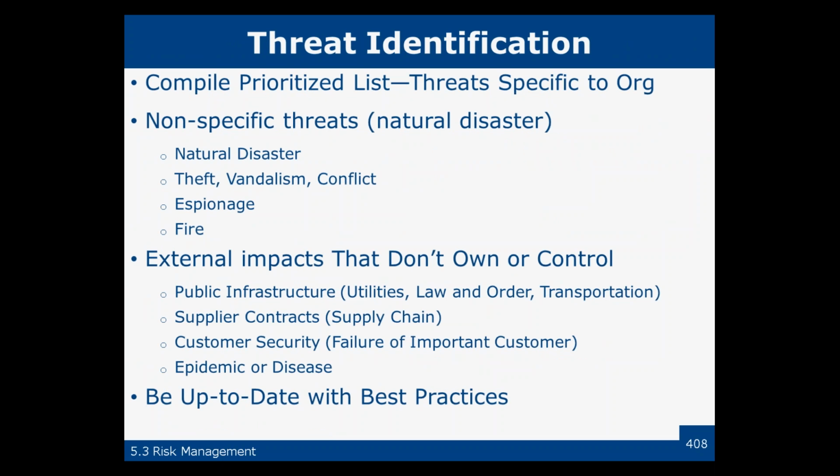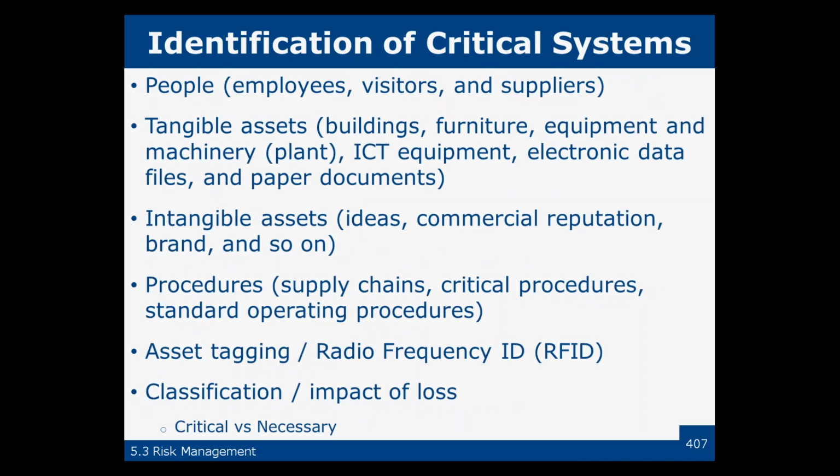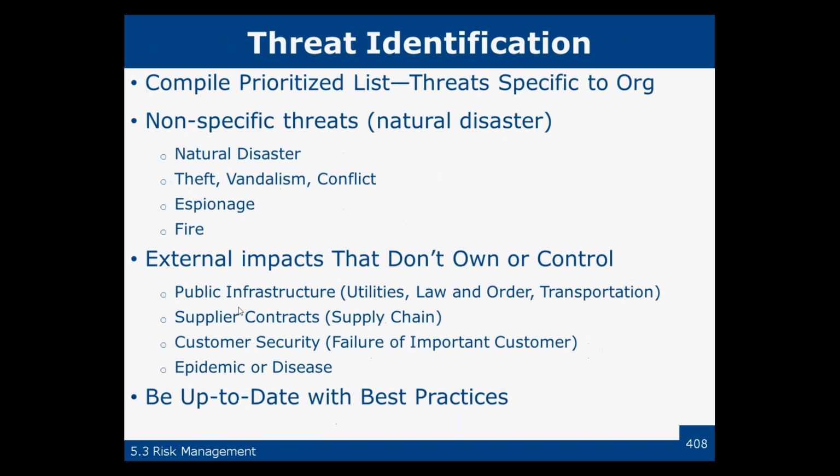The specific threats are the ones that the identification processes that we did here, all of the assets, tangible, intangible, procedures, and then we did the tagging and we did classification and made a prioritized list. We also have non-specific threats: natural disasters, theft, vandalism, conflict, espionage, fire.